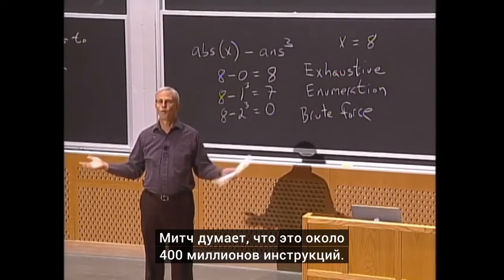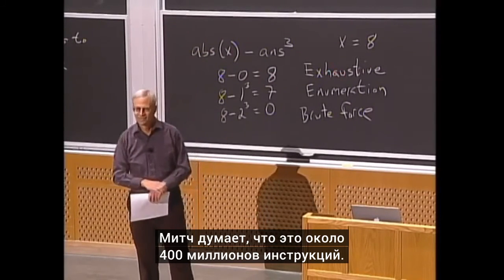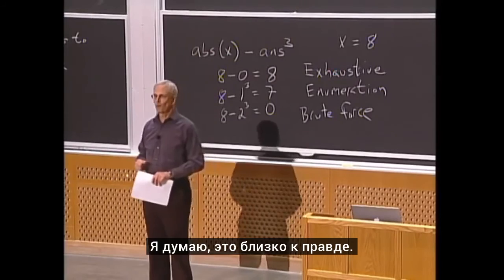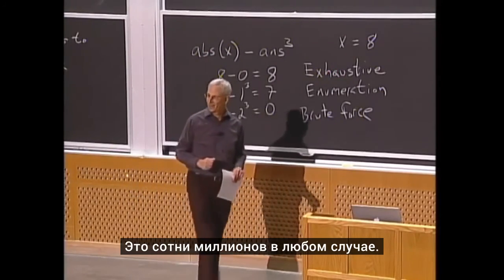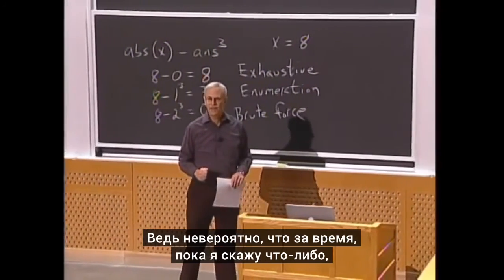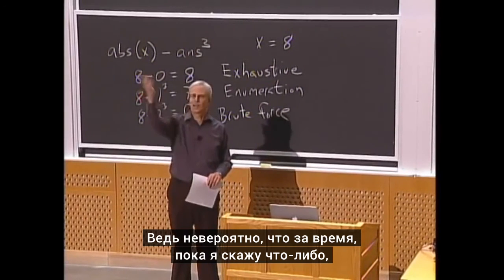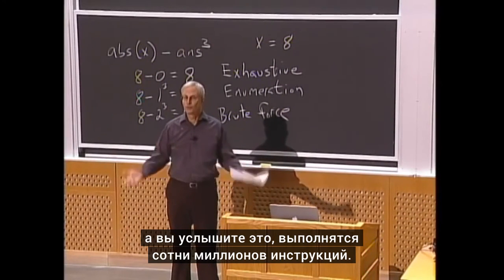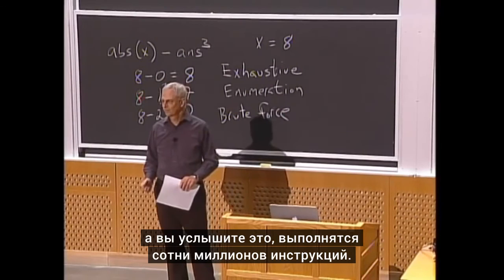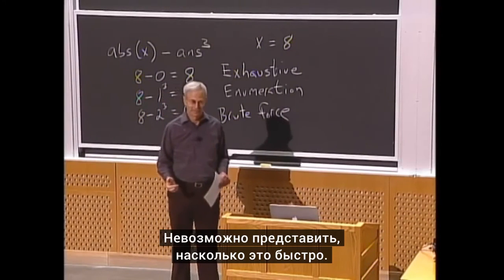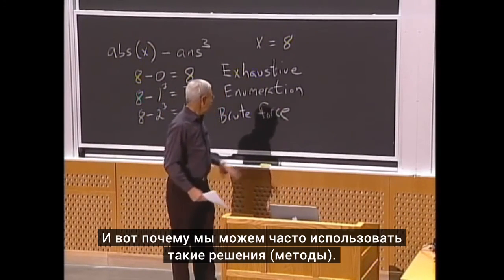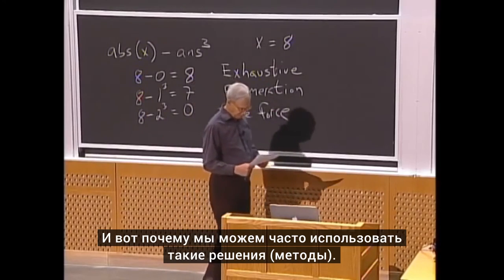Mitch thinks it's 400 million instructions. I think that's about right. It's hundreds of millions at any rate. That's kind of amazing. Between the time I say something and the time you hear it, hundreds of millions of instructions. It's mind-boggling how fast that is. And that's why we can often use these kind of solutions.